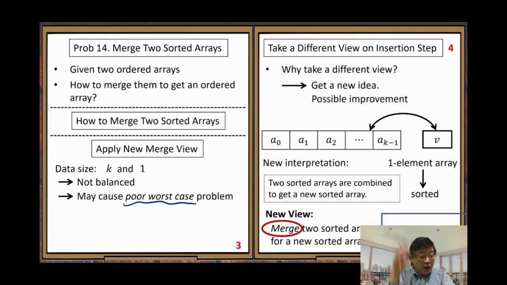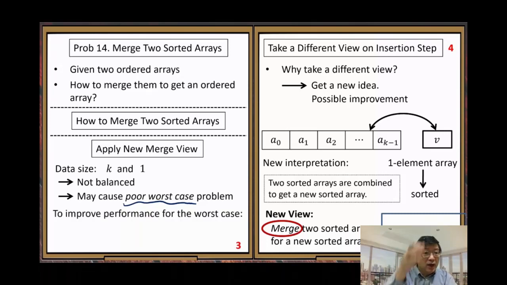So the improvement is, in order to avoid the worst case, if it's possible, we want to apply the balancing principle. Balancing principle: when we have some freedom of choice, when we need to make a decision, we try to split our data as evenly as possible.